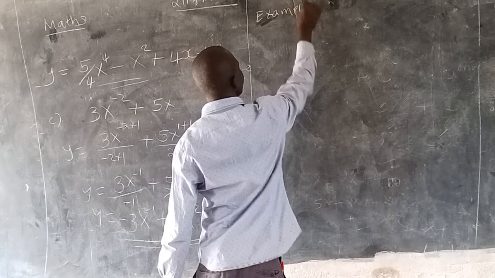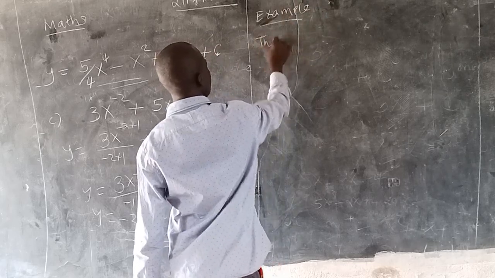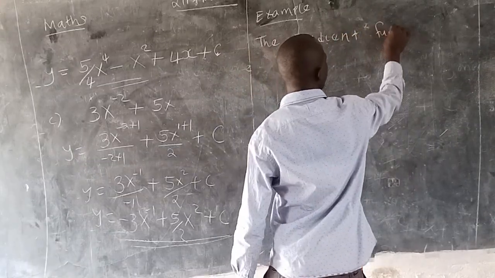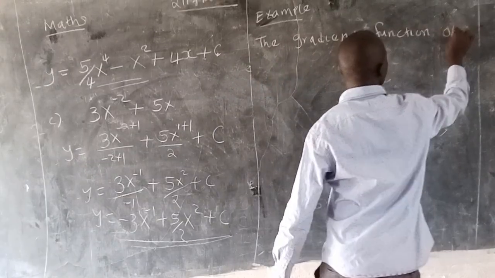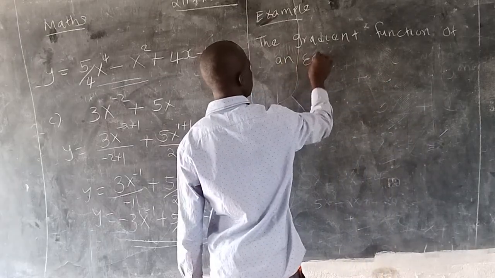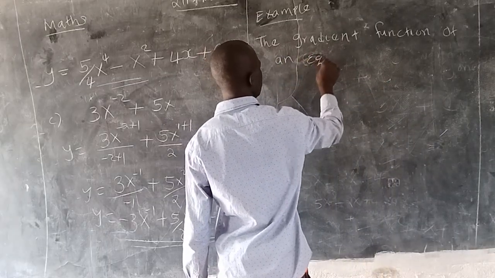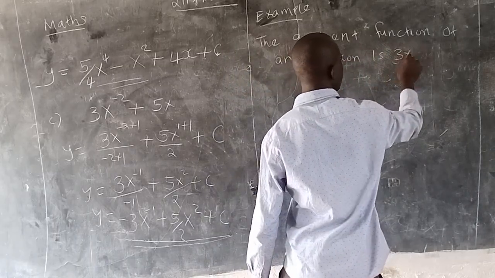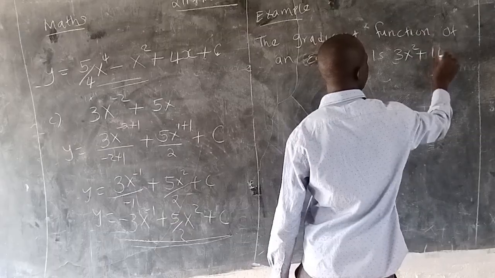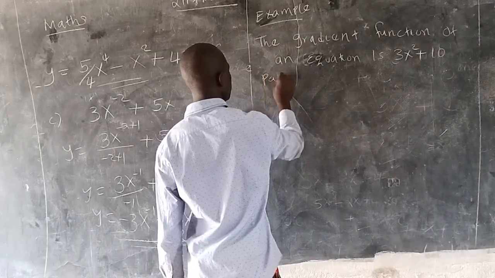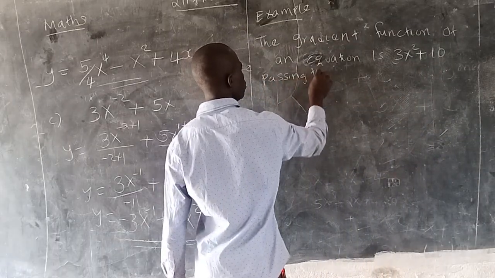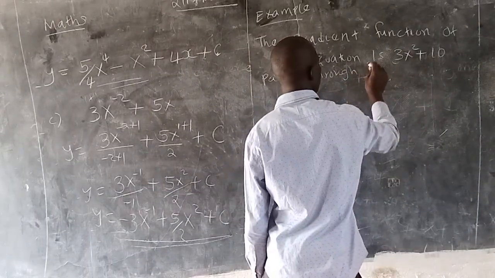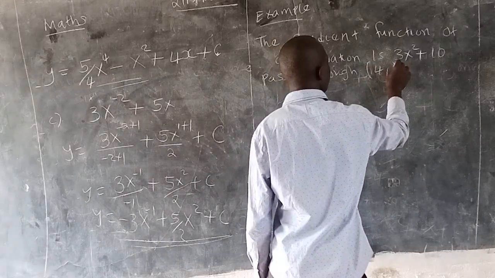Example: say that the gradient function of an equation is 3x squared plus 10, passing through the point 4 and 5.